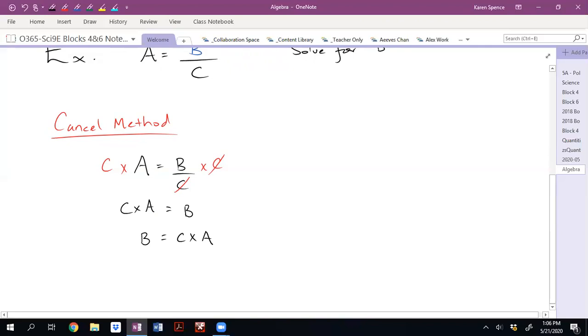Eventually I'll be taking some values and plugging them in for C and A, and I'll be solving for B. So that's the cancel method.